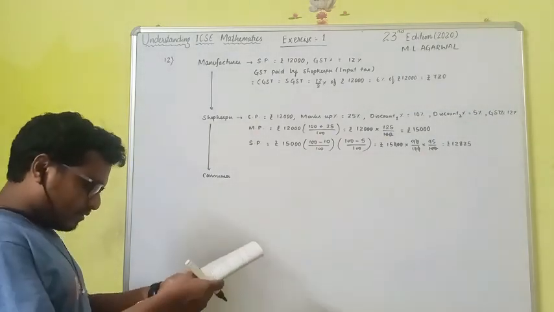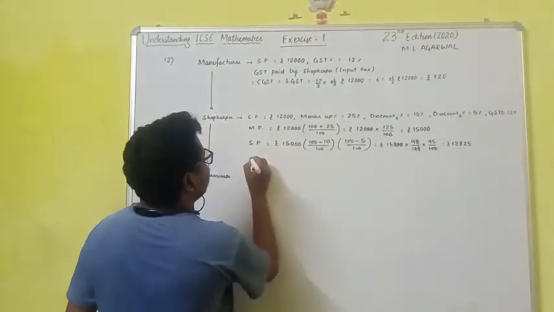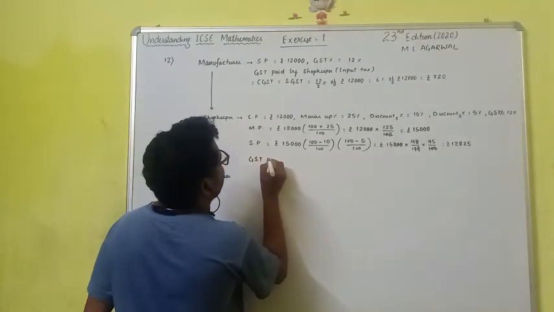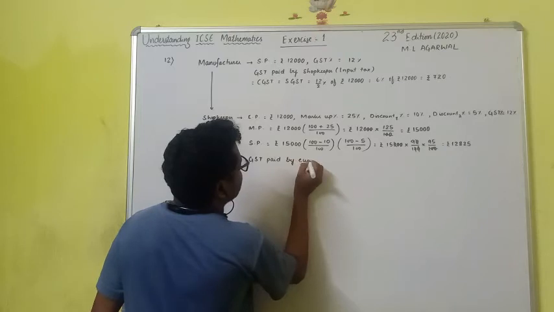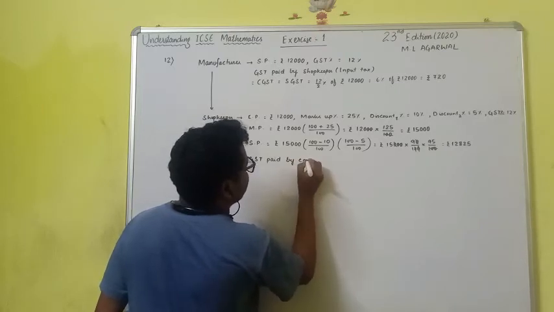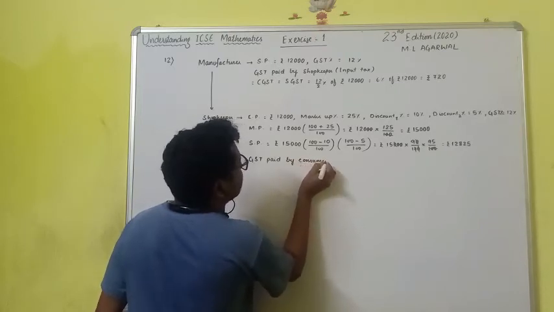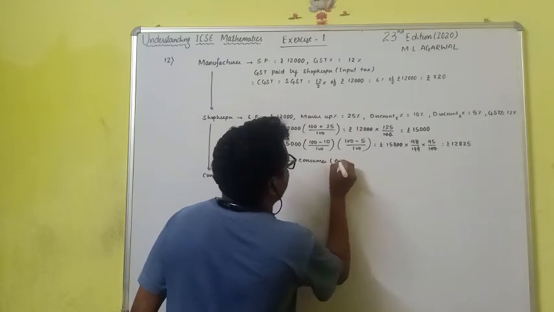So the GST paid by the customer or consumer is called the output tax.